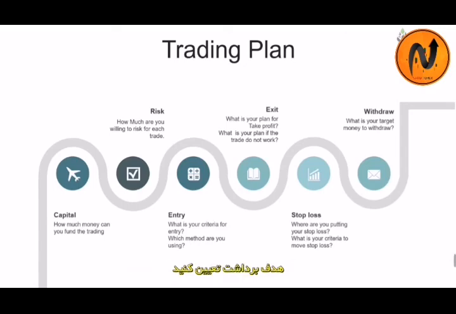So, withdraw target. An example is that maybe you have grown your account from $100 to $5,000. Withdraw half of it, $2,500, and then maybe spend $500 on something very nice for yourself, and then the remaining $2,000, keep it.